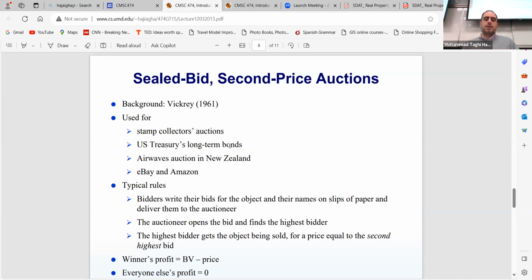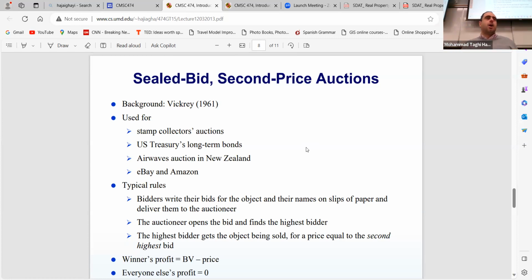So the rules are that the bidders write their bids for the object and their names on a slip of paper and deliver them to the auctioneer. Again, now maybe they just submit it on a website, or through an API. The auctioneer opens the bids and finds the highest bidder.